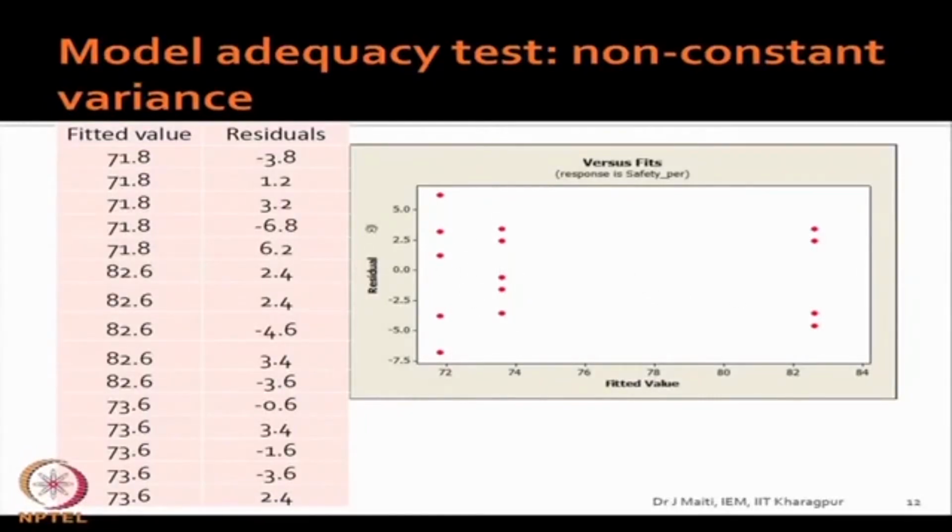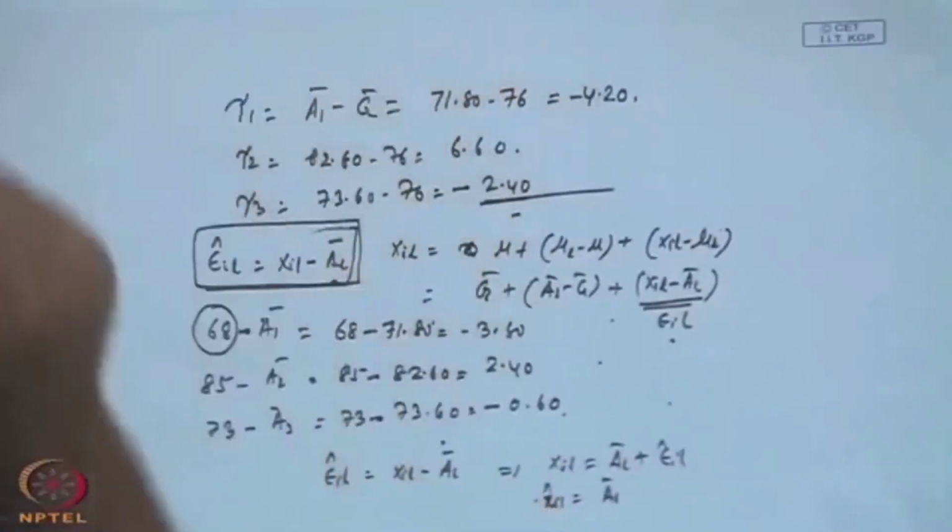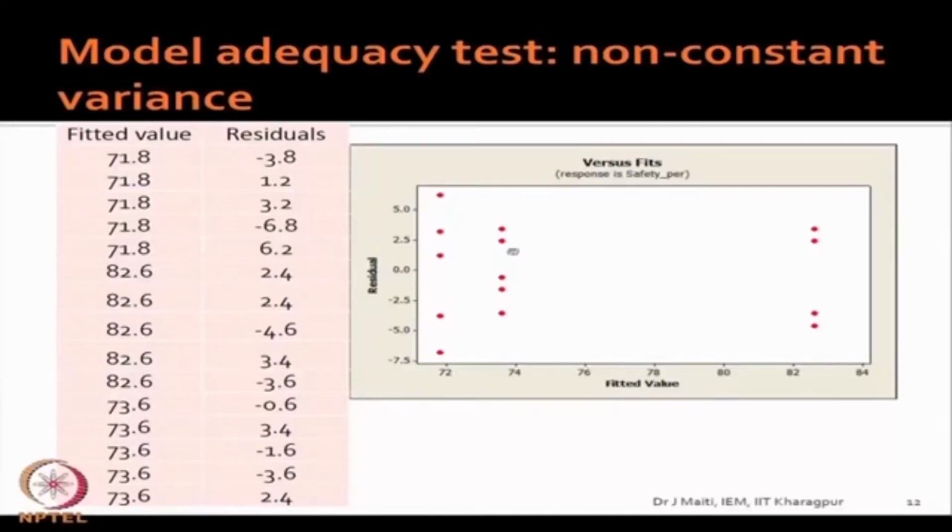It is apparently like this, but it may not be true, because this is basically a plot where the scale difference will make changes. So, I think there may not be a difference, but it should be tested. We have not tested it in this example, but in an earlier example we have tested. If there is a departure from equal variability, then it will be reflected in the fitted value versus residual plot.